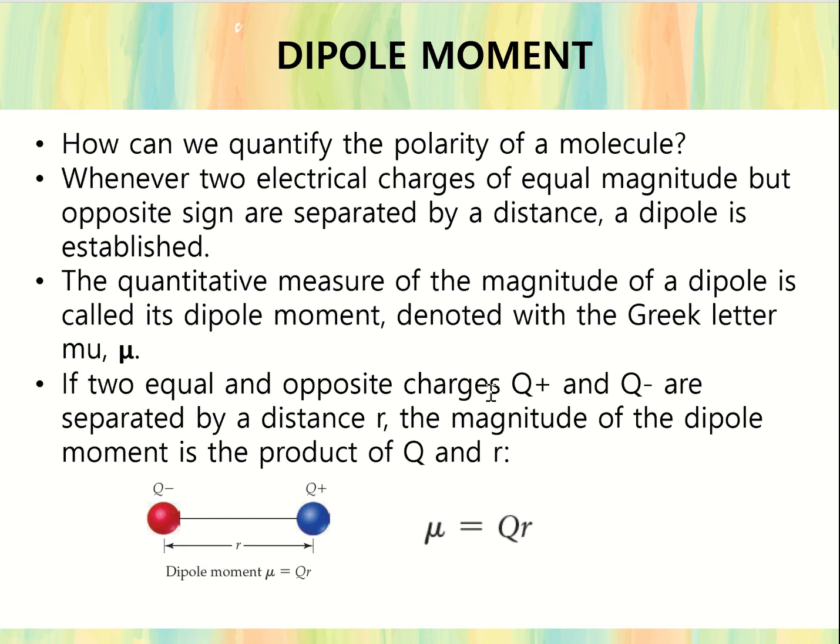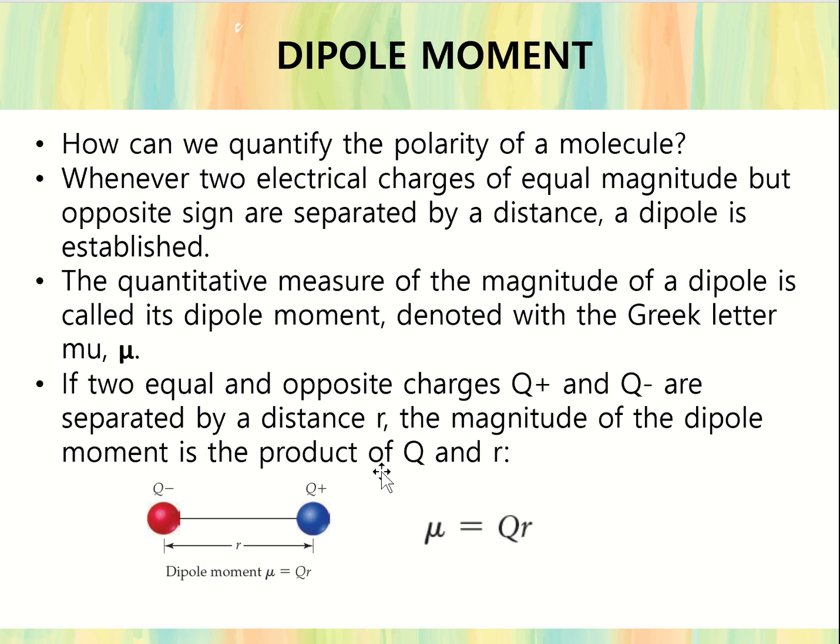To measure quantitatively the magnitude of this dipole is actually called the dipole moment, and we use the Greek letter mu as seen here. So if two equal and opposite charges, Q plus and Q minus, are separated by a distance r, the magnitude of the dipole moment is the product of Q and r.